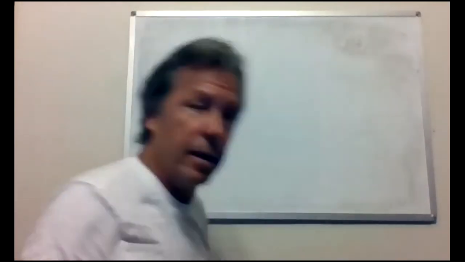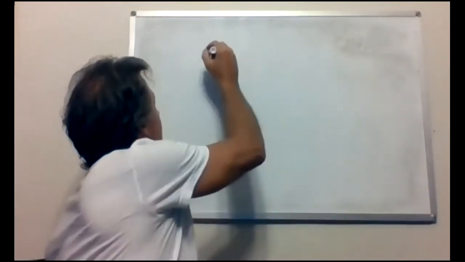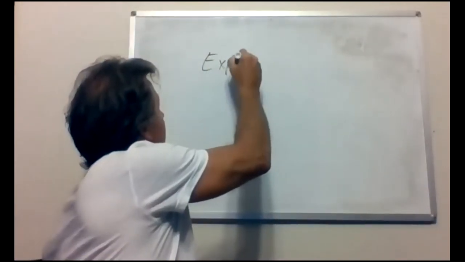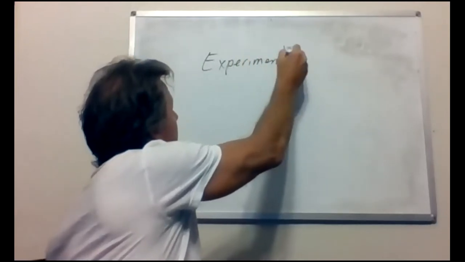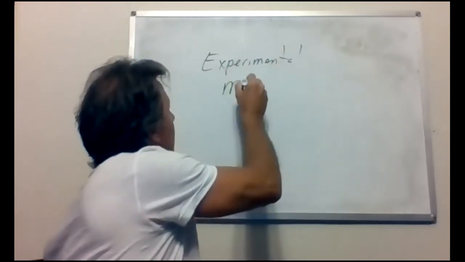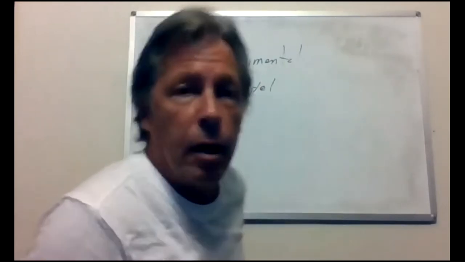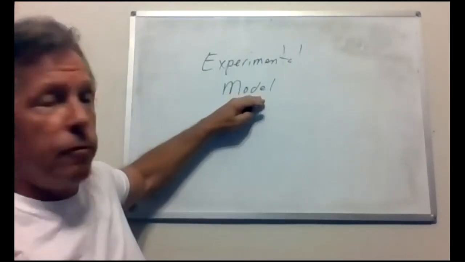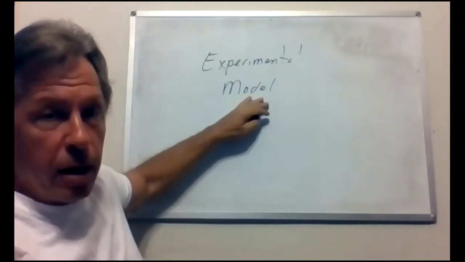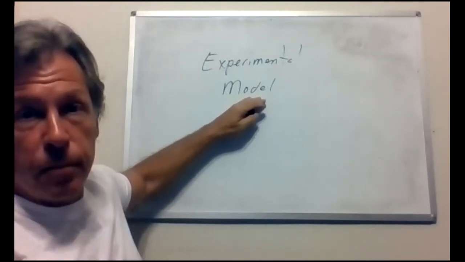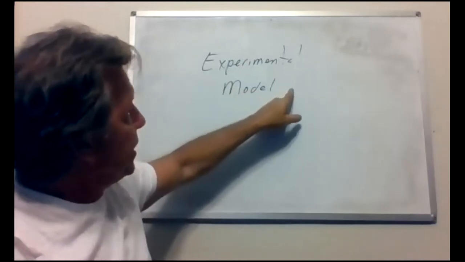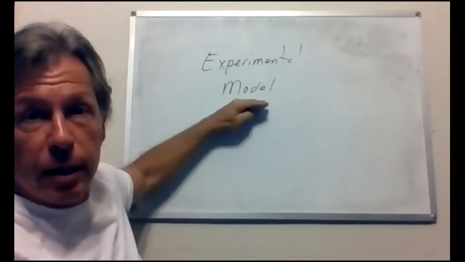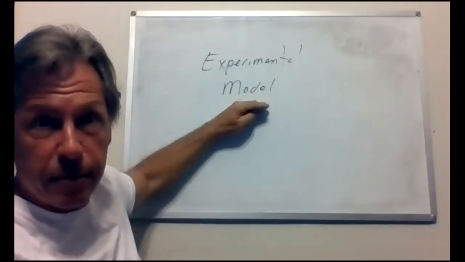Now, what do we mean when we say experimental model? Okay, Mendel is using the pea as a model for trait inheritance in crops. So we're not particularly interested in the pea plant alone, right?